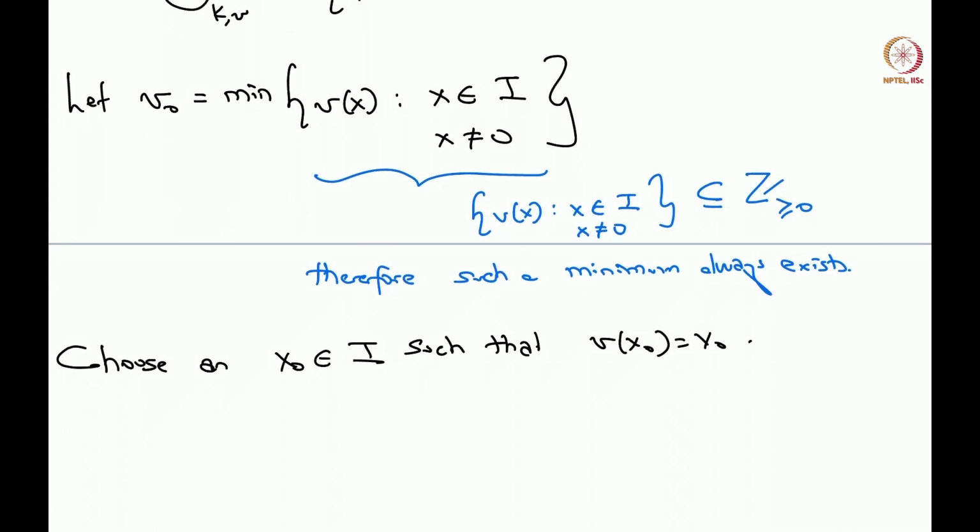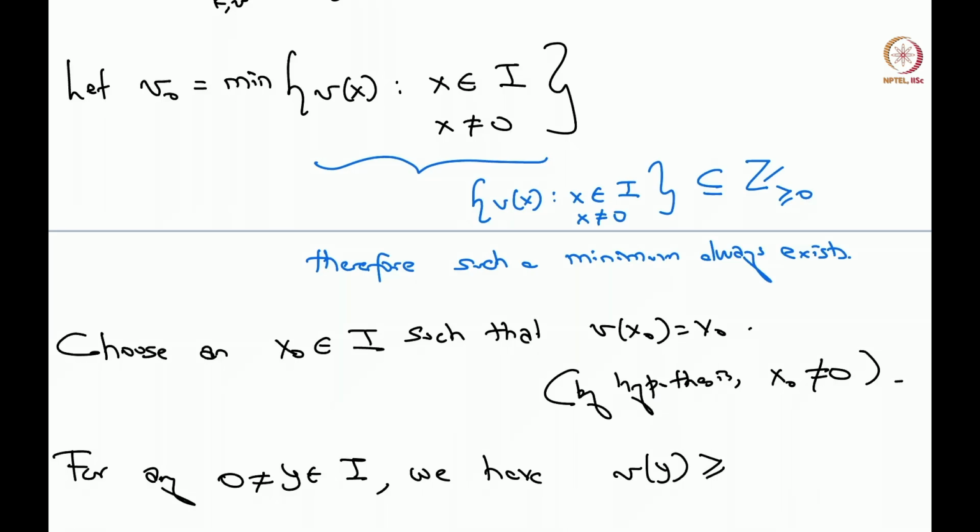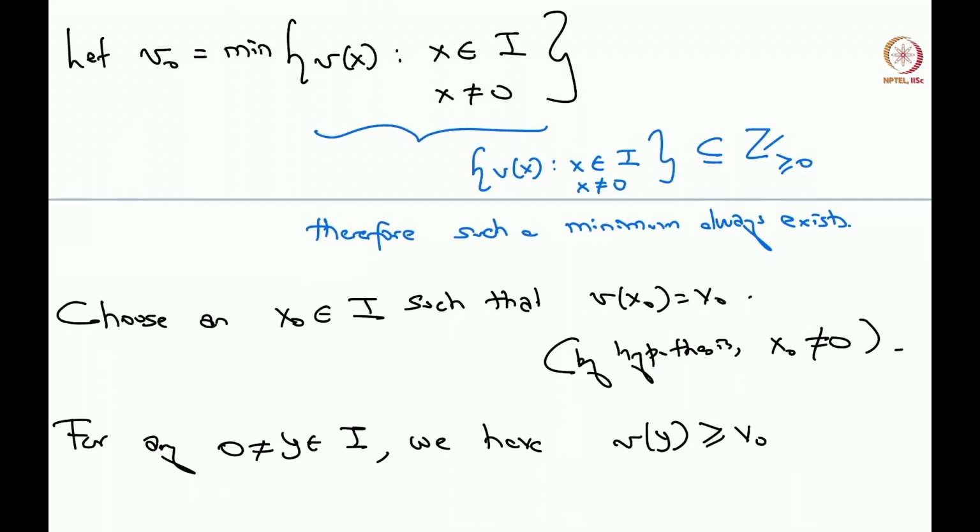By hypothesis, this element x naught is not 0. Now take any element y that's also in the ideal but not 0. Since y is in the ideal I, its valuation should be larger than or equal to V naught by the construction of V naught, and this is just the valuation of x naught.